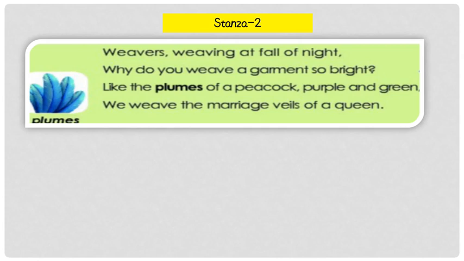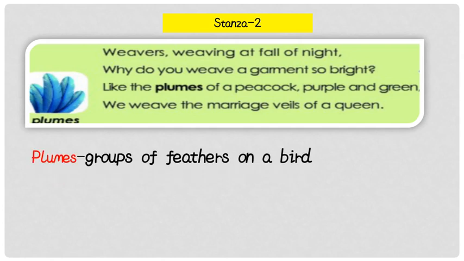Again, why do you weave a garment so bright? The same question is asked by the poetess. Why are you weaving bright clothes that look like the plumes of a peacock, purple and green? I will explain the meaning of plumes: a group of feathers on a bird.